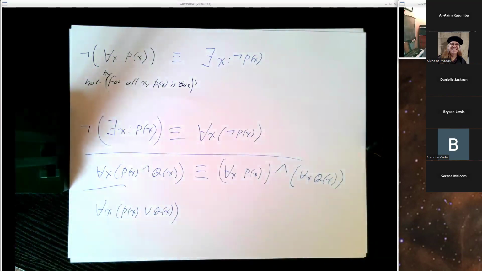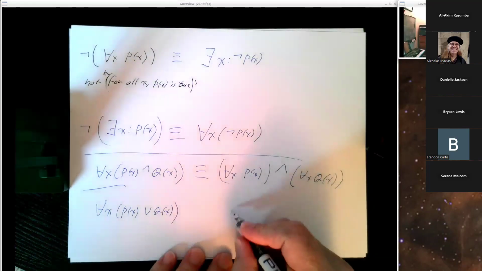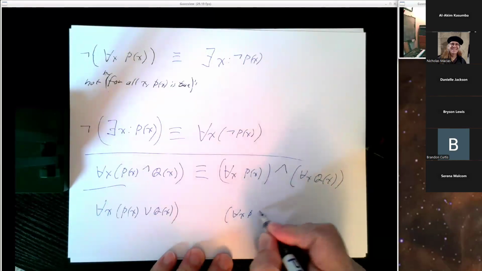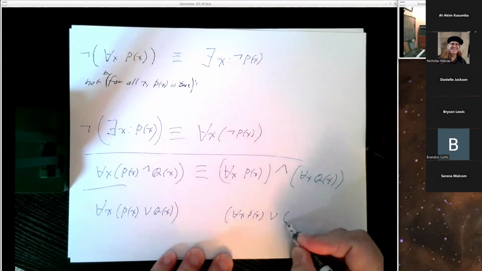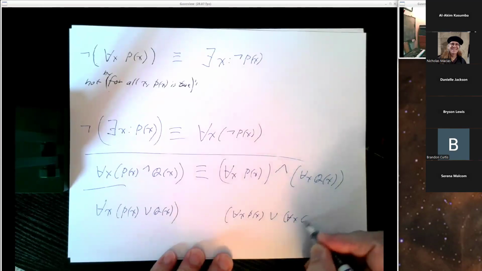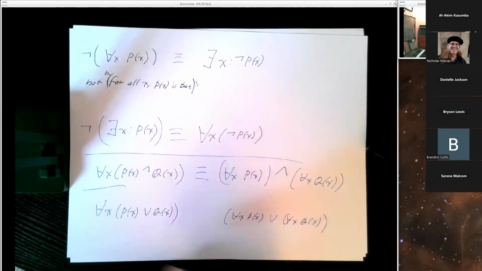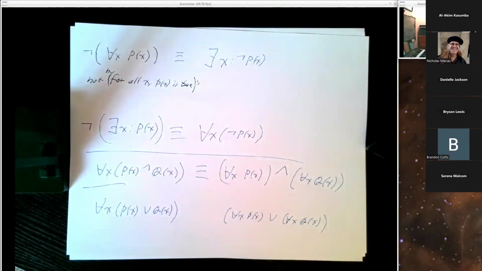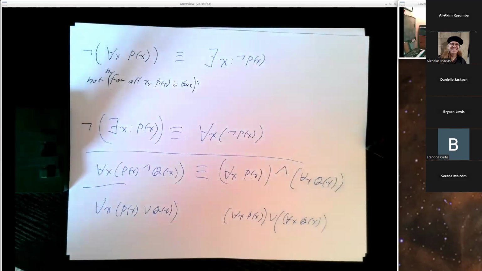But suppose I say for all X, P of X or Q of X, and I try to do the same thing. Are these logically equivalent? No. Got a counterexample? You're correct.